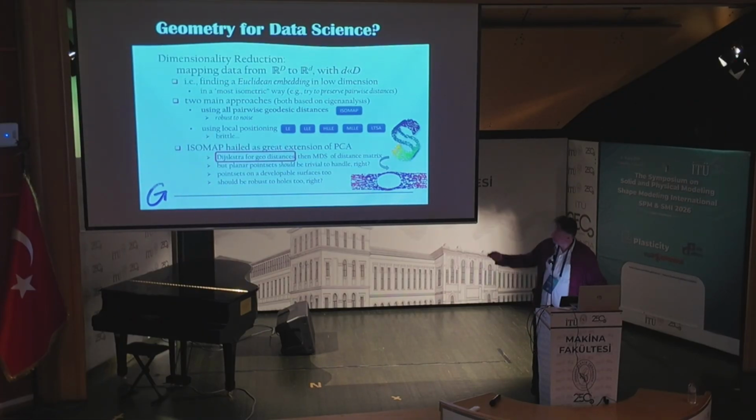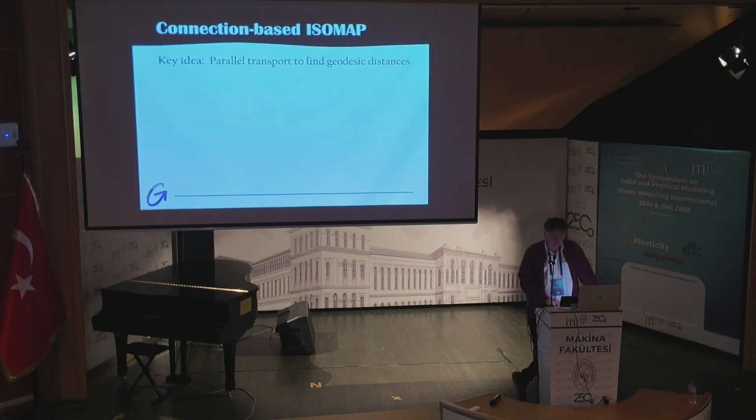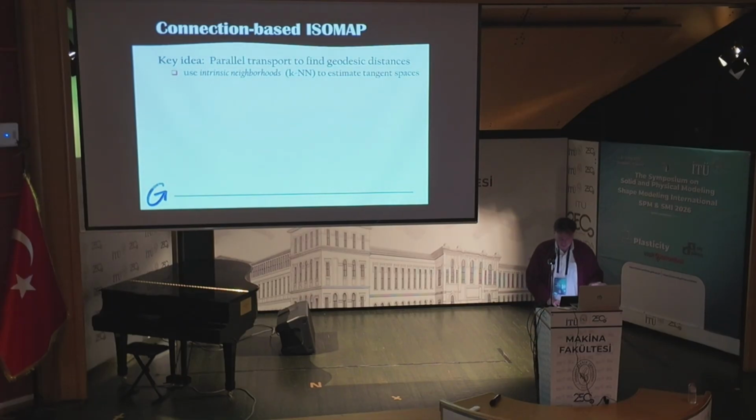And so we decided that because Dijkstra is the root of all evil in Isomap, why don't we try to change it? And it turns out that by using exactly the same ideas as the trivial connection example for grooming that I told you about, we can actually fix it. I'm not going to go through the details, but basically we start the same way.